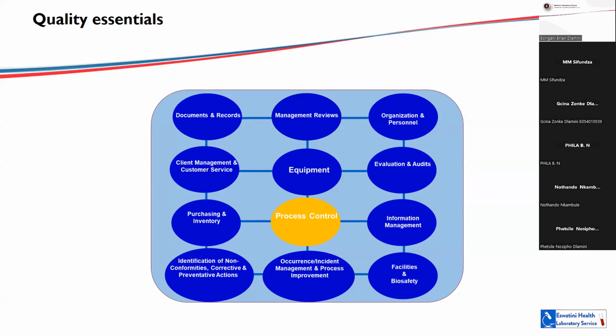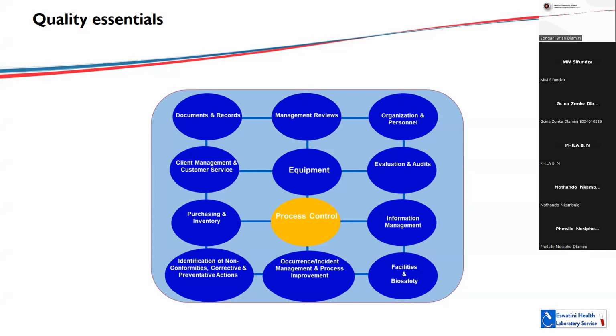Then we have our management reviews, that could be our technical reviews of our records, to say maybe our maintenance of the machines, our daily temperature recordings. Then we have our organization and personnel, to see our duty rosters, who is on duty, doing what. Then we have our client management and customer service.